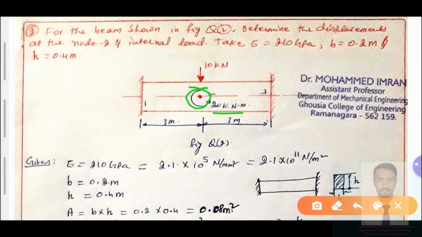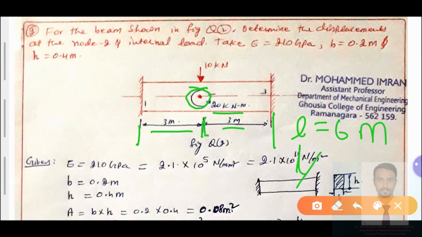From the first fixed end to the midpoint, the length of the element is 3 meters, and from the mid towards the right side end of the beam is 3 meters. Total length of the element is 6 meters. L by 2 is equal to 3 meters has been given.